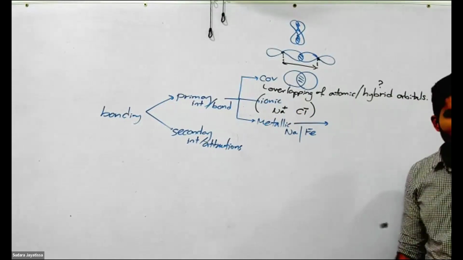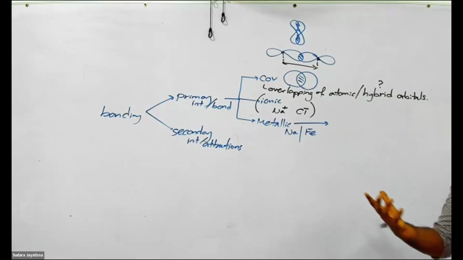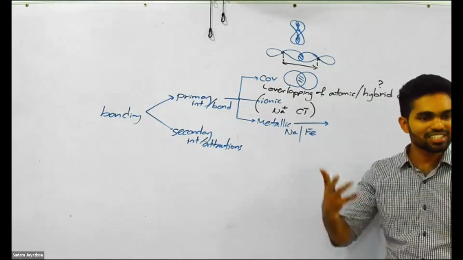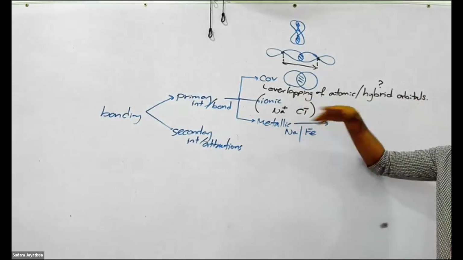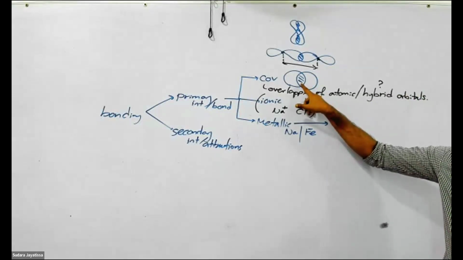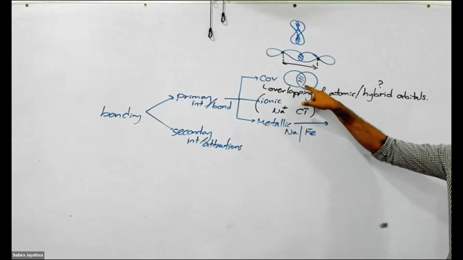For example, electrical conductivity. To conduct electricity, there must be electrons. But in covalent bonding, electrons are trapped here. They can't go anywhere, so they can't conduct electricity.